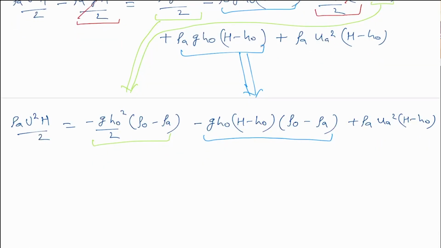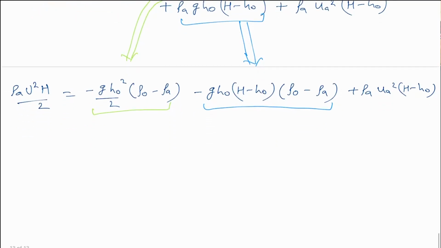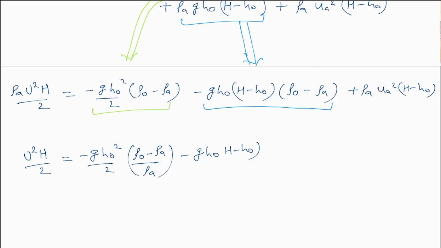So what we will do now, we will divide both sides by rho A, and that will give us U square H by 2 minus g H naught by 2 (rho naught minus rho A over rho A) minus g H naught (capital H minus H naught)(rho naught minus rho A over rho A). And rho A in the last one gets cancelled, that becomes UA square (H minus H naught).